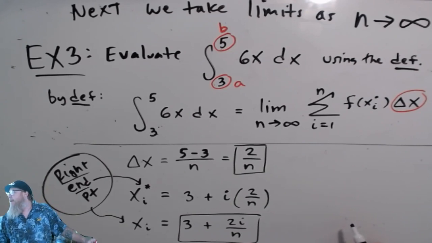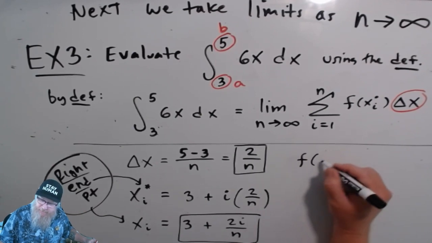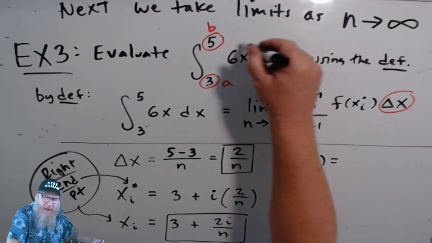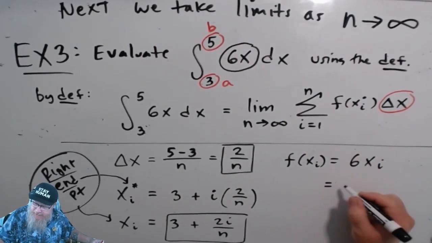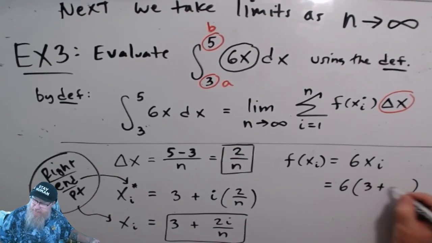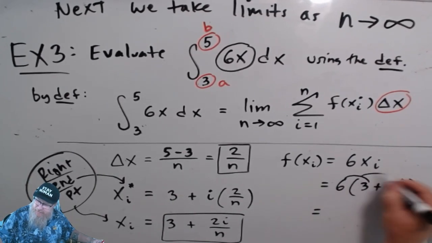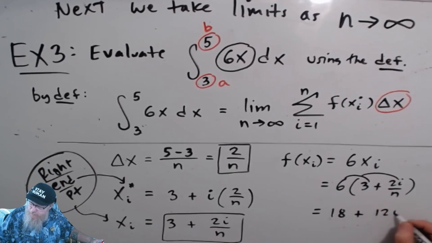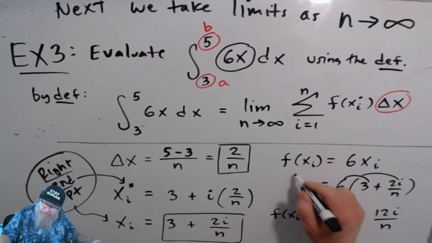And now f of x_i. Well, this is our f, so that's just going to be 6x_i, which is 6 times this thing, 3 plus 2i over n. And I distribute the 6: 18 plus 12i over n. So there's your f of x_i.